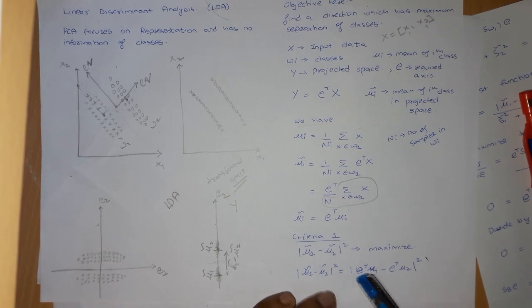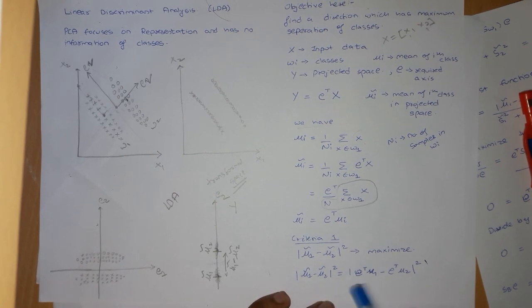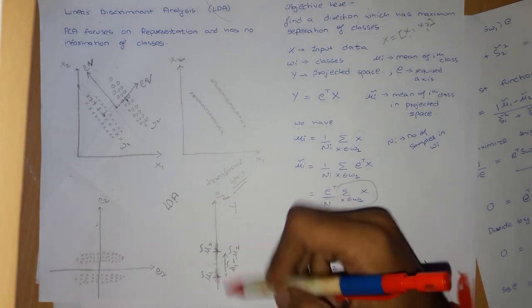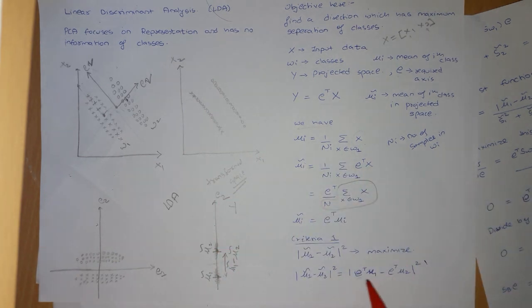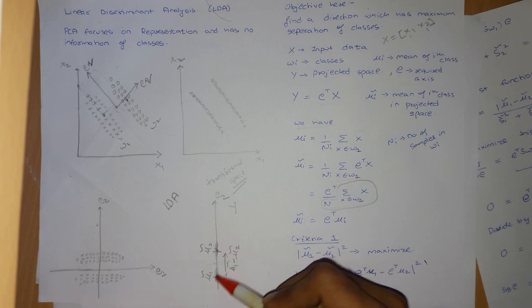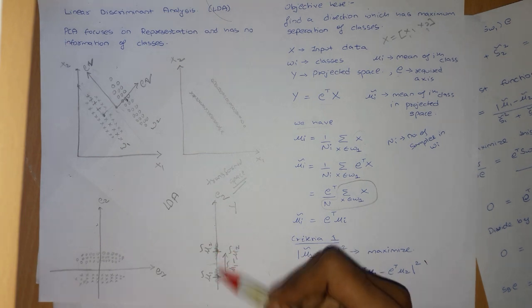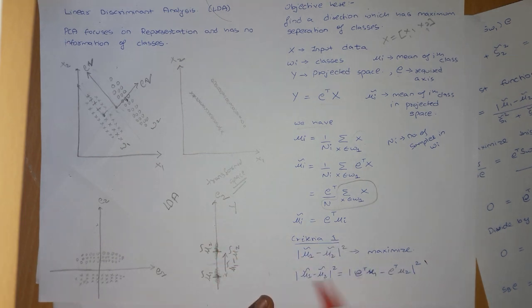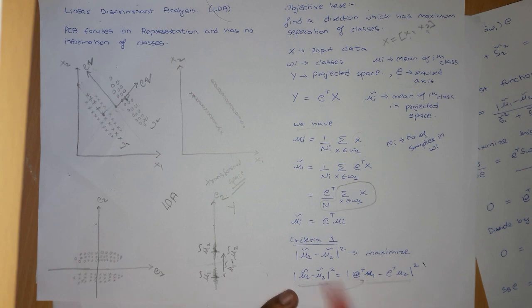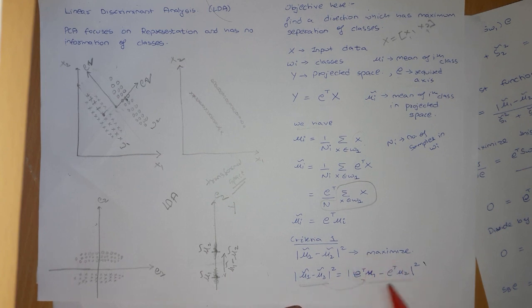So E is the unknown that we have to find out, which axis gives you the maximum separation of these means. So I want a criteria: this particular thing should be maximum.